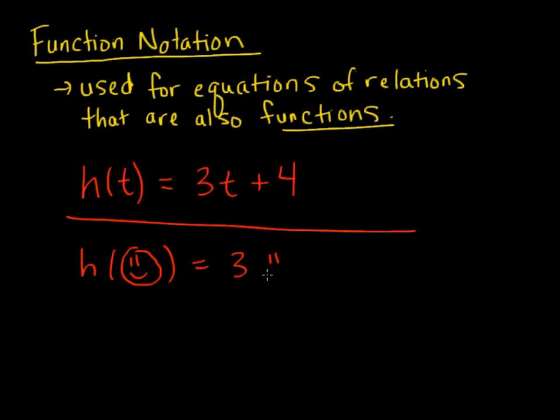Okay, so I can put in numbers, letters, variables. I can put in happy face. The idea is that we're substituting whatever is replacing that t or that x in the brackets into my function equation. So here, if I substitute in happy face for t, I'm going to have 3 happy face plus 4.